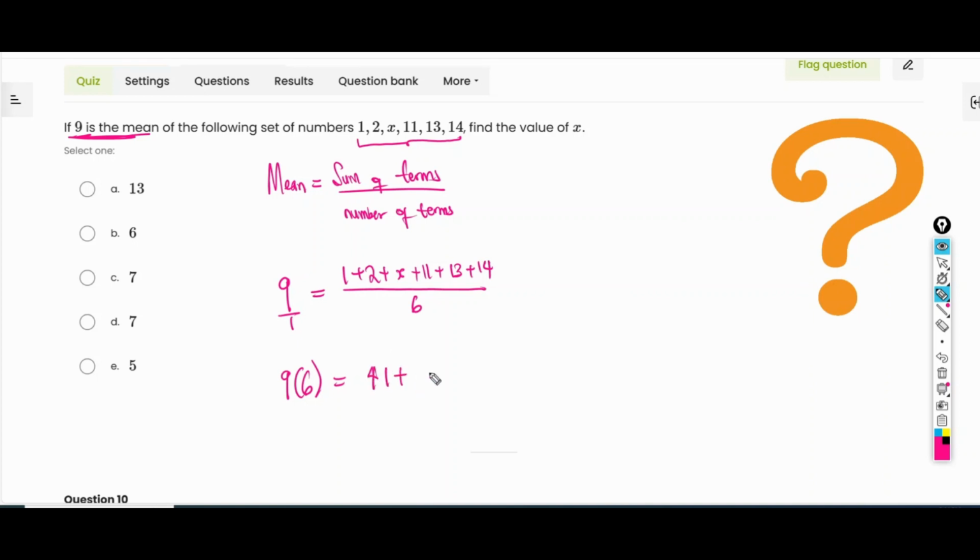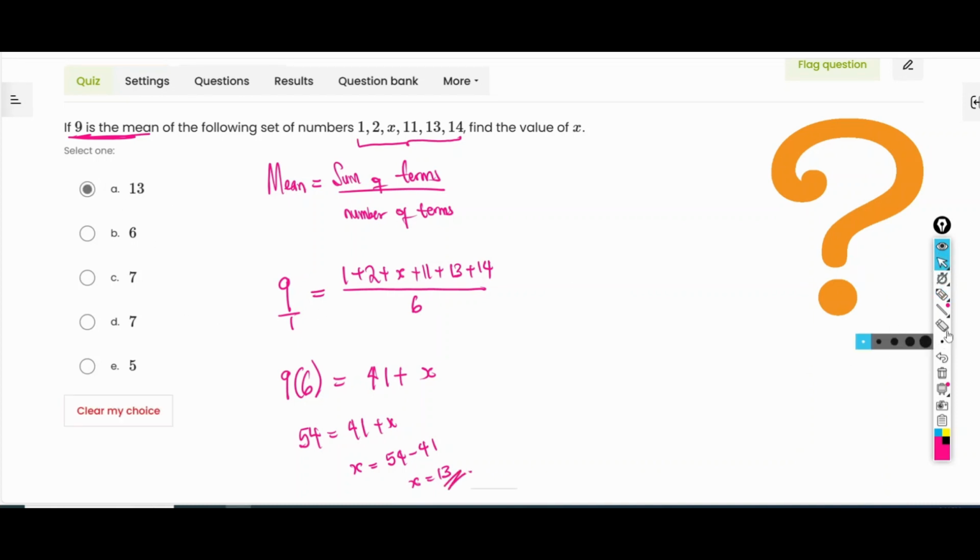That's 41 plus x. No more over 6 because I've cross multiplied, sorry. So the top is 41 plus x. So I would have 54 is equal to 41 plus x. So x would be 54 minus 41. x is going to be 13. All right, so that's A.